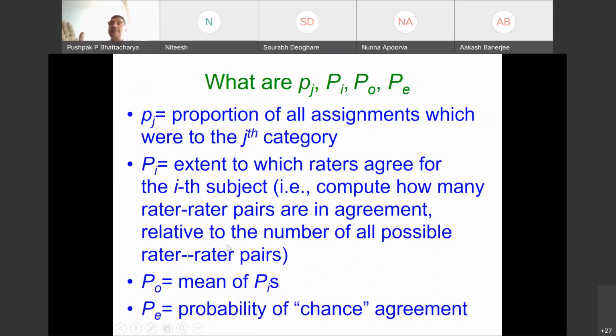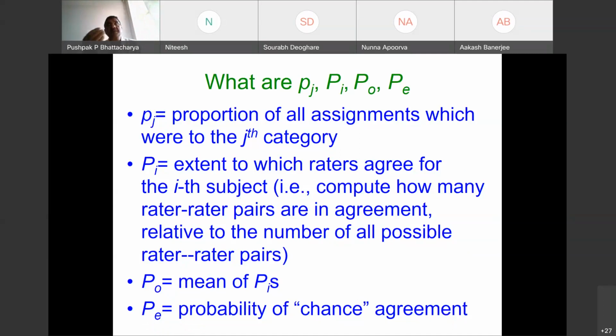All possible rater-rater pairs is n into n minus 1. Relative to means you have to take a ratio. And the extent to which raters agree for the ith subject, you compute by taking the row sum. PO is the mean of the Pi's, and PE is the probability of chance agreement. These things we have to establish by looking at the formula. In particular, try to prove that the maximum value of PO can be 1. So these things we'll do.